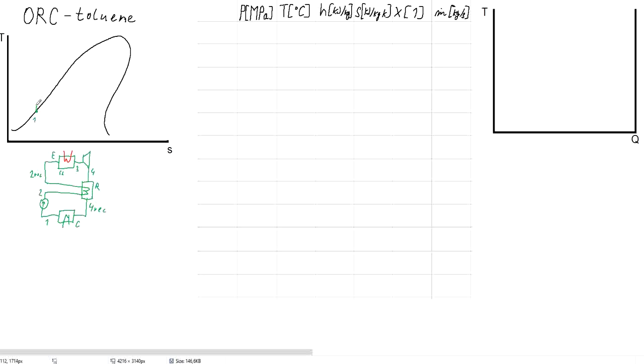So that's 1. Point 2, going in ideal pump into higher pressure. Now let's also draw the isobars that we will have. So, low pressure isobar and high pressure isobar.